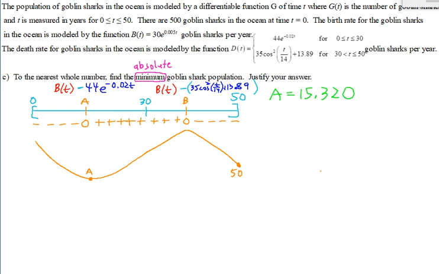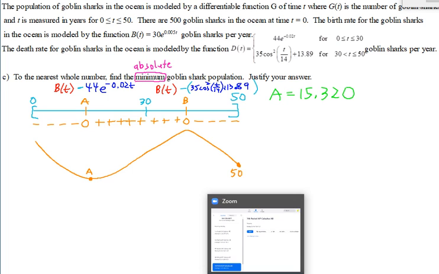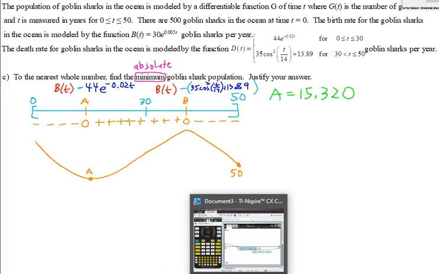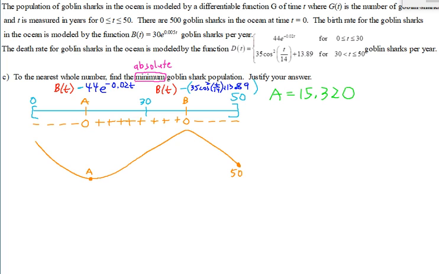Now let's compare the Goblin Sharks, which was g of t, our original function that we wrote down in part A, at a versus 50. So for g of a, notice a is 15.320.